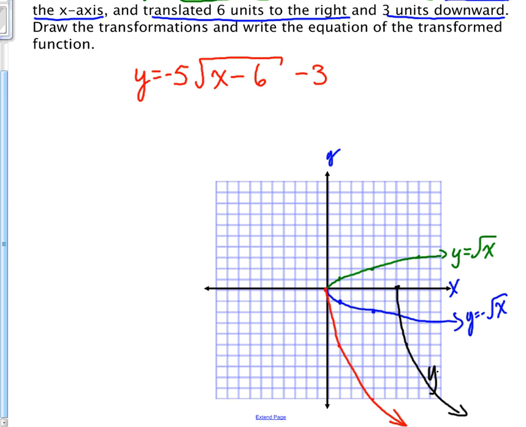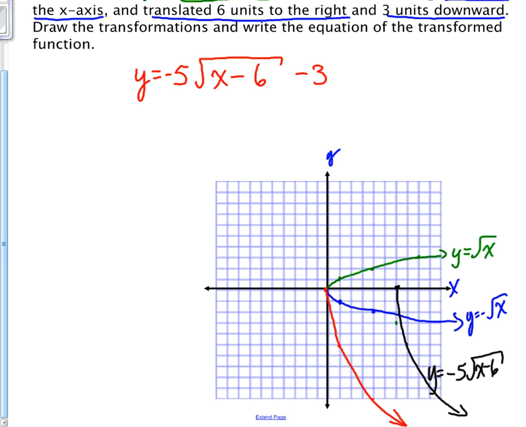Y equals, we have done the negative, we have done the 5, and we have done the 6 to the right. Lastly, I want to move that thing down entirely by 3. We run out of color, we're going to go back to green, and we are going to do the subtract 3. That means 3 down.